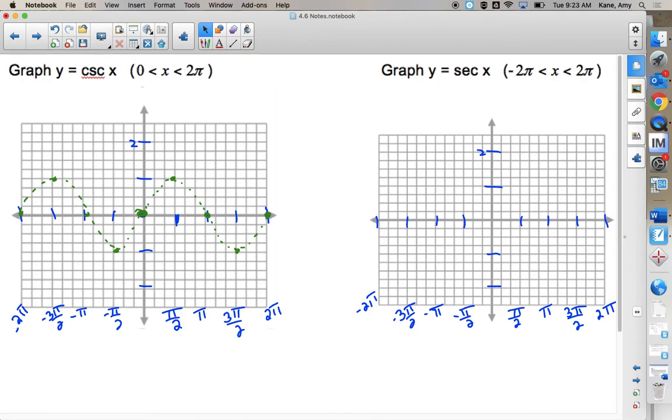So looking at your chart that you just took a picture of, if we have the sine being 0 and the cosecant is its reciprocal, what happens to cosecant at the angle 0? So what happens when you take a reciprocal?